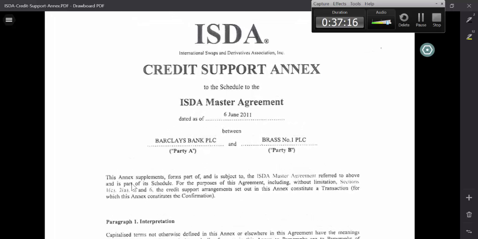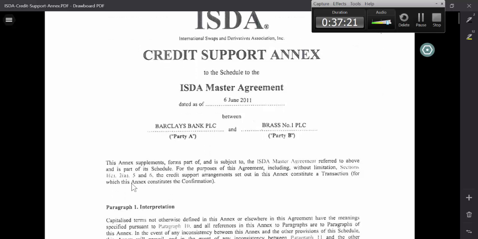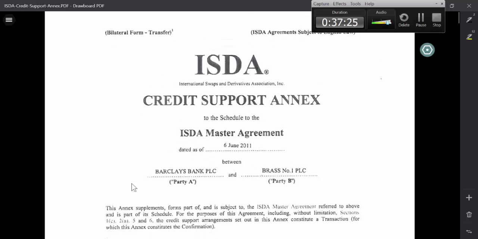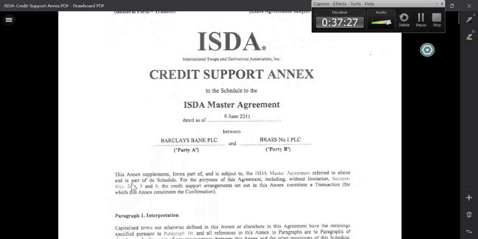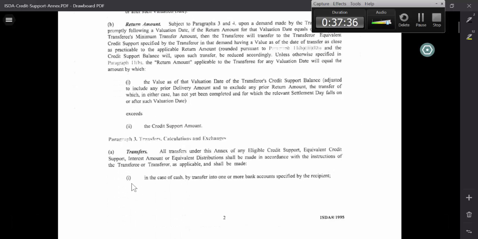Like I said, this document is not compulsory, but nowadays most people will sign it. And here is an example between Barclays and Brass Number 1 PLC. I don't know who they are.